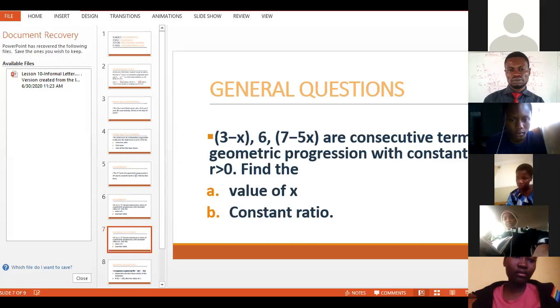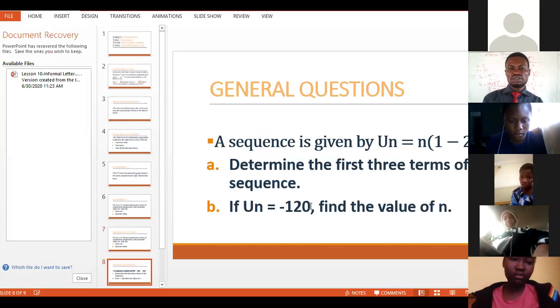And then another question, of course, is this. A sequence is given by U subscript n is equal to n into 1 minus 2n. A, determine the first 3 terms of the sequence. B, if Un is equal to minus 120, find the value of n. This is another question we will be looking at.